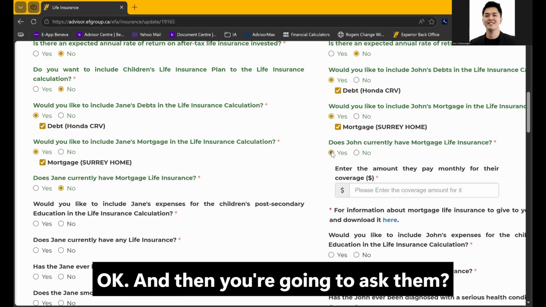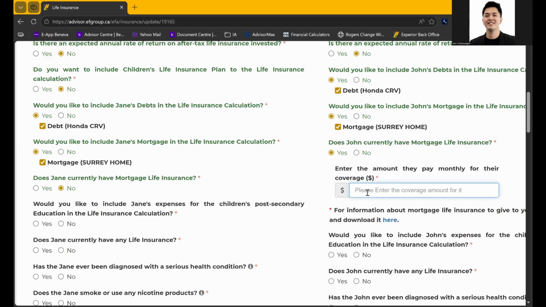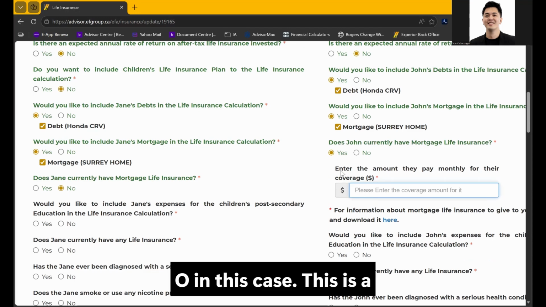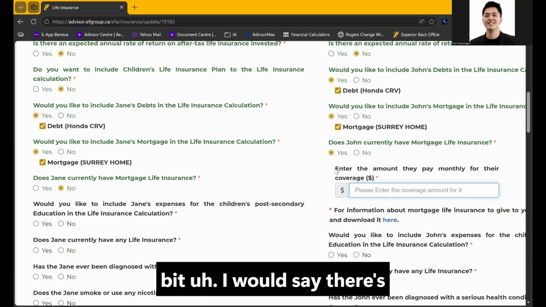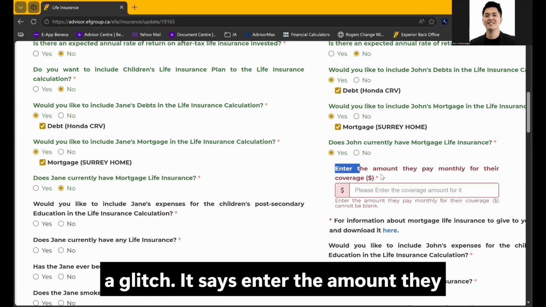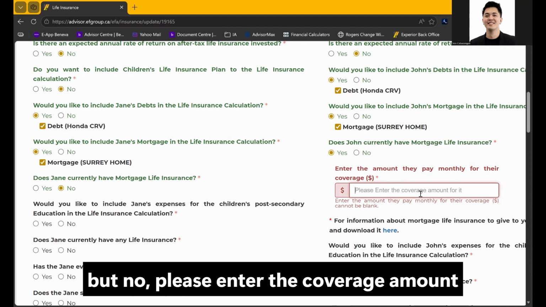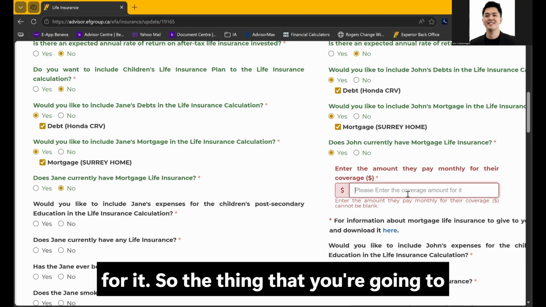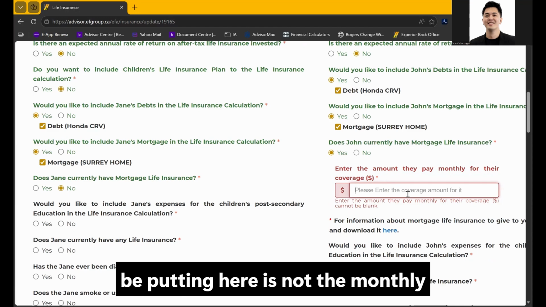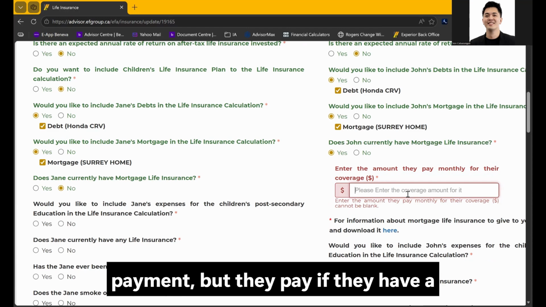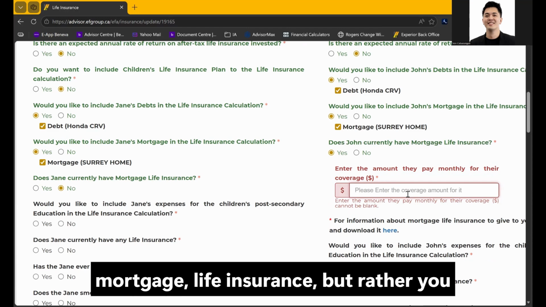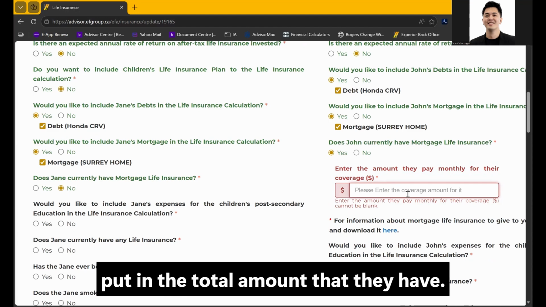Okay. And then you're going to ask them. So in this case, I would say this is a glitch. It says enter the amount they pay monthly for their monthly coverage, but no, please enter the coverage amount for it. So the thing that you're going to be putting here is not the monthly payment that they pay if they have a mortgage life insurance, but rather you put in the total amount that they have.